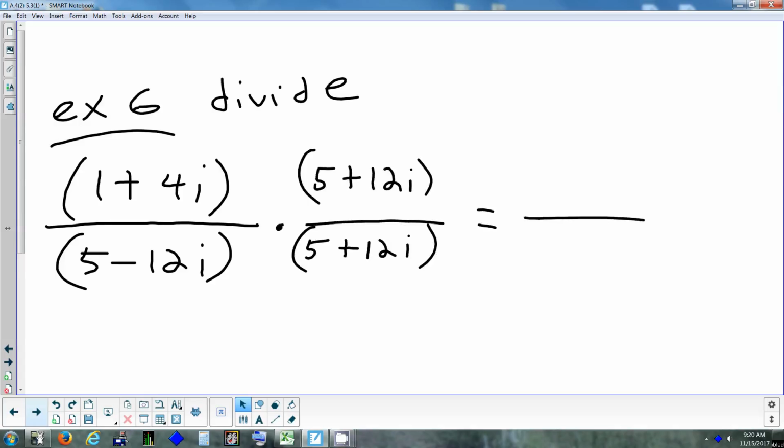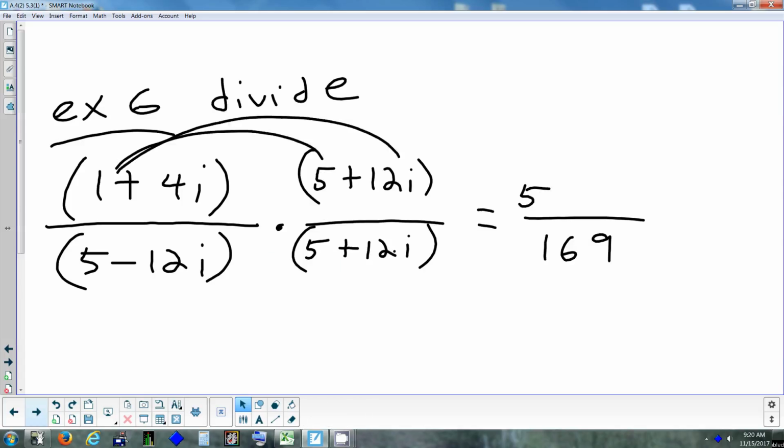Can anybody tell me what we're going to get in the bottom? 169. We're going to have 25 plus 144. So the entire bottom is done. 169. Now the top, we'll just do that out. So we've got 5. And let's do the next part and combine at the same time.